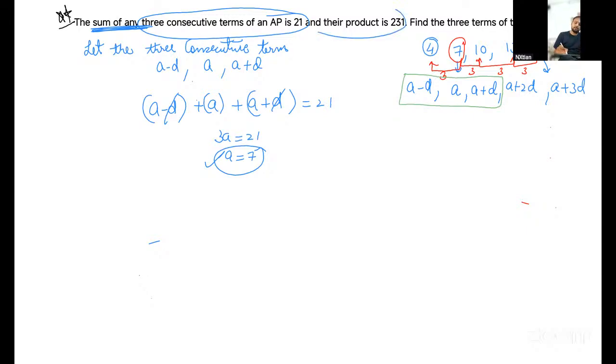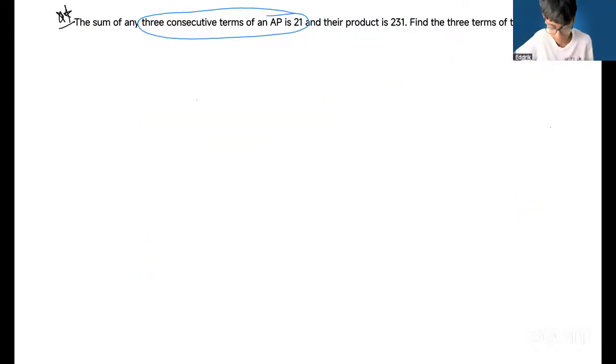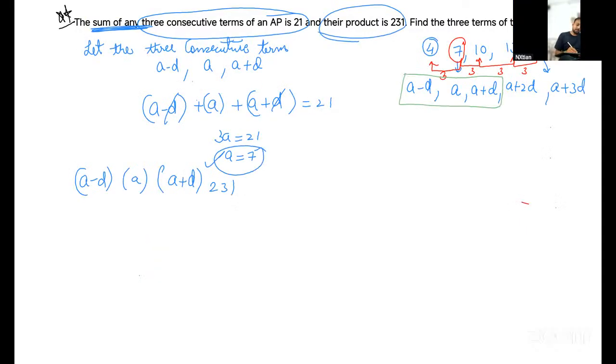Now it is there that their product is 231. So we know that A minus D multiplied by A multiplied by A plus D is equals to 231. Now I will write the value of A, which is 7. So 7 minus D into 7 plus D is equals to 231.